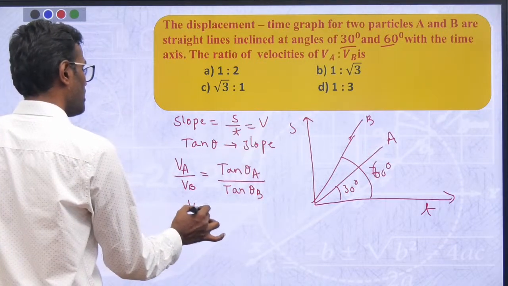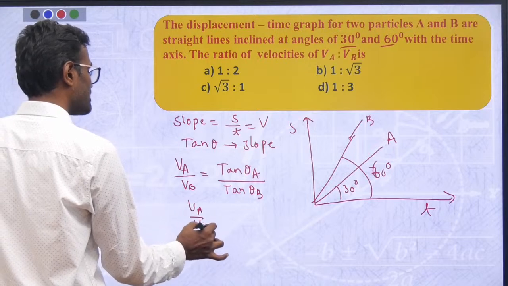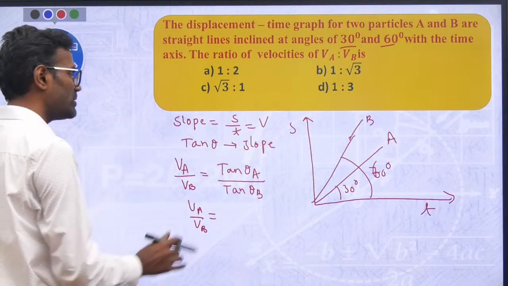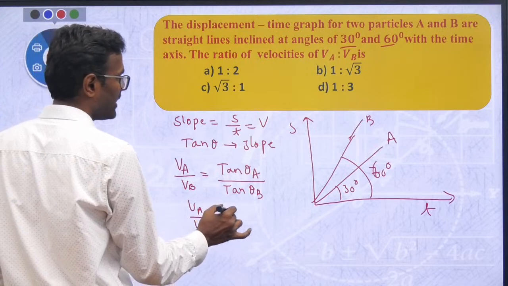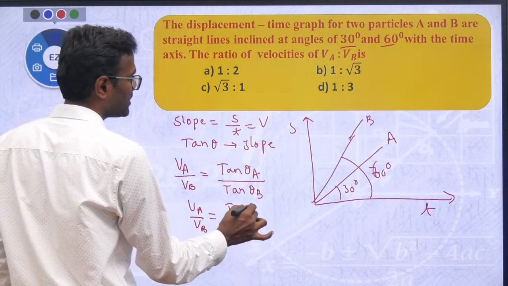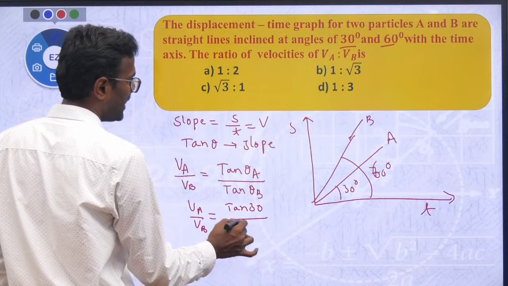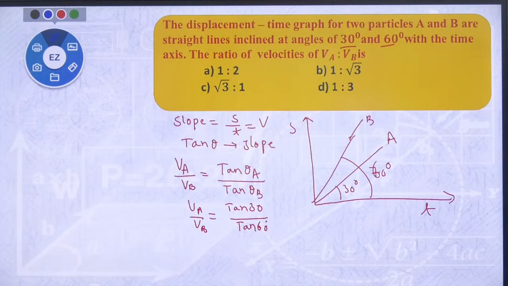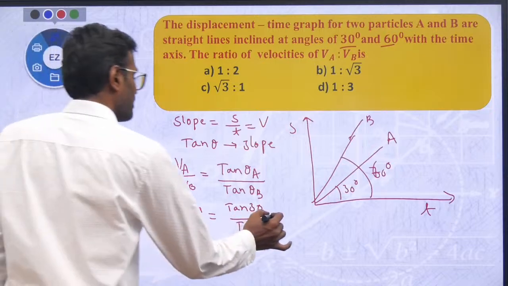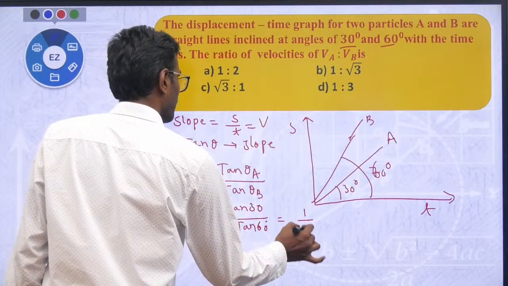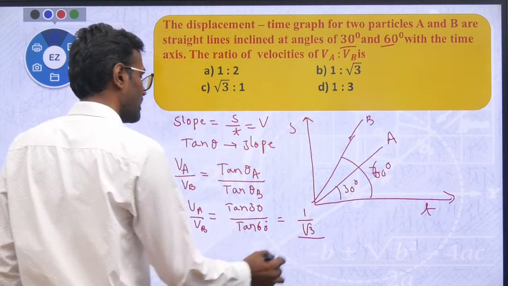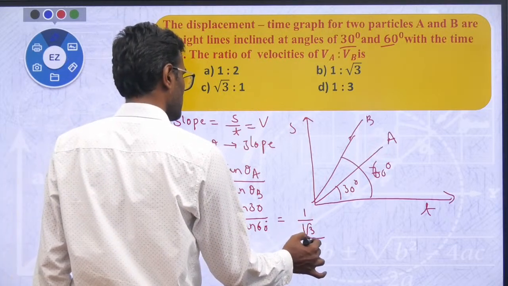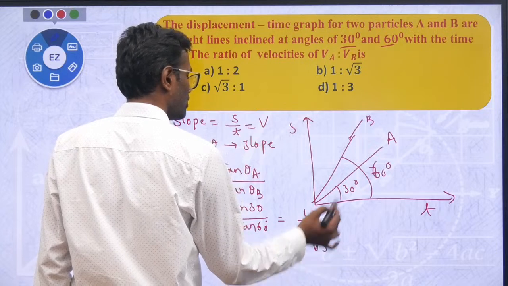Now we substitute those values. VA by VB is equal to tan theta A, tan 30 degrees, by tan 60 degrees. This is your answer. If you want to simplify more, tan 30 is 1 by root 3, and tan 60 is root 3 by 1.